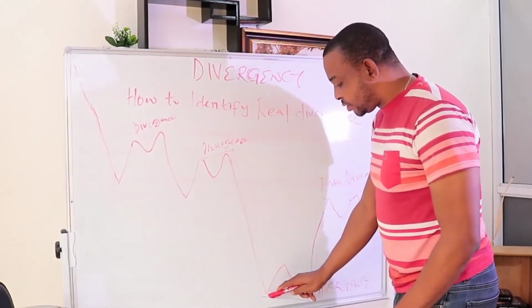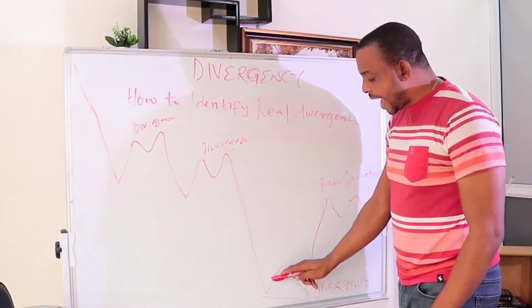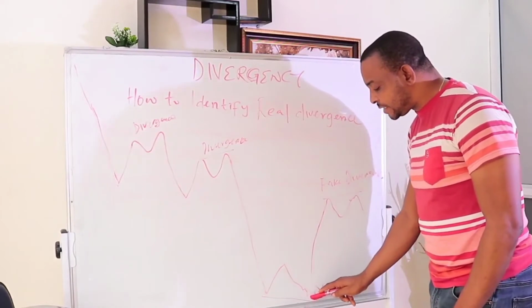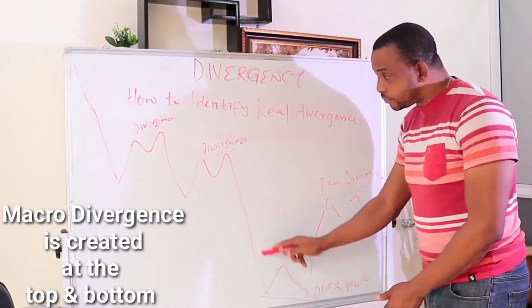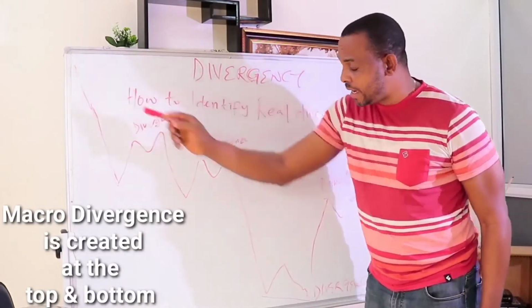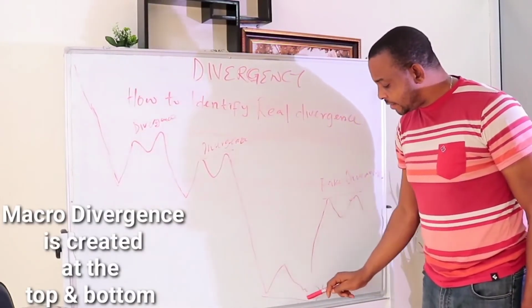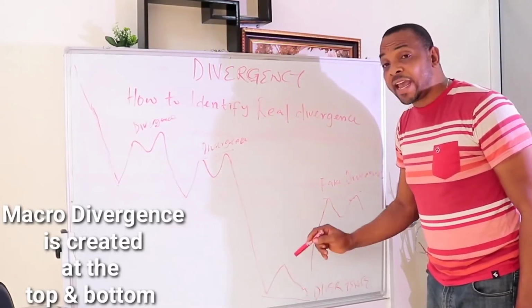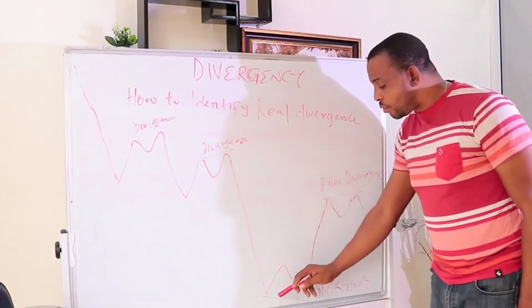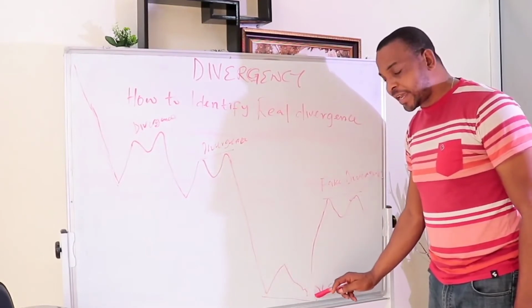And when the trend got to this level, macro divergence is created at this level. You can see the trend began from here and it ends here, and this divergence becomes the macro divergence, and reverses the market.